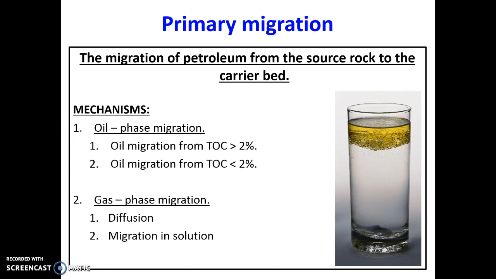For oil phase migration, if the TOC is more than 2%, the source rock is from type 1 and type 2. The oil will occur initially as a bitumen that absorbs water and then expands into the micropores and bedding plane partings to form a water saturated bitumen network.